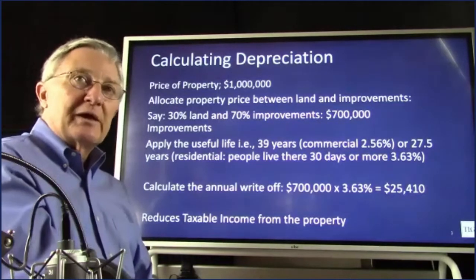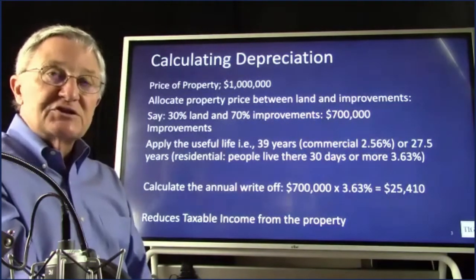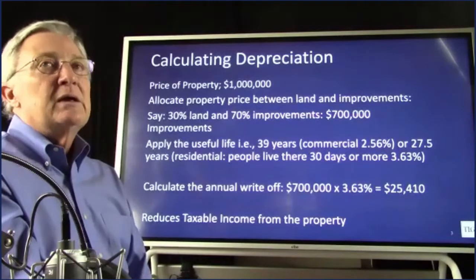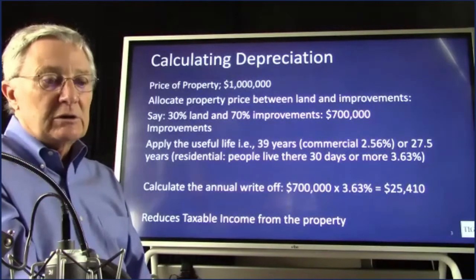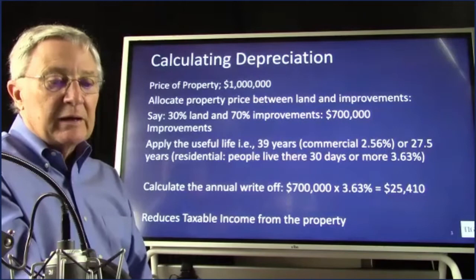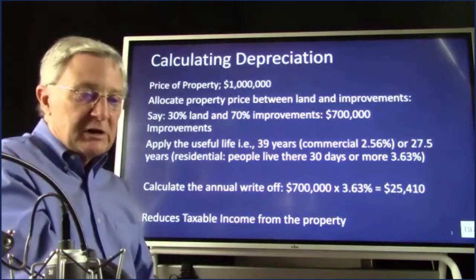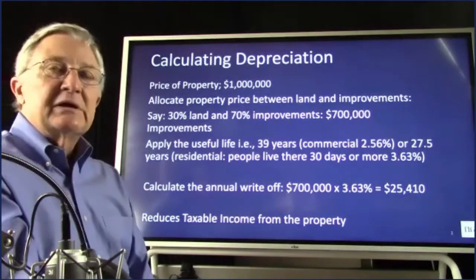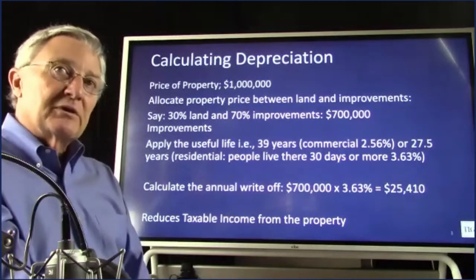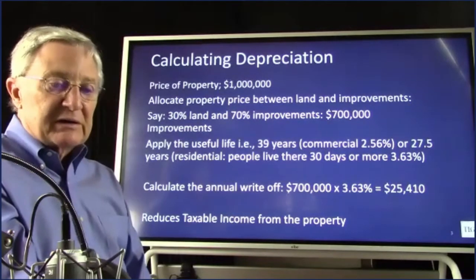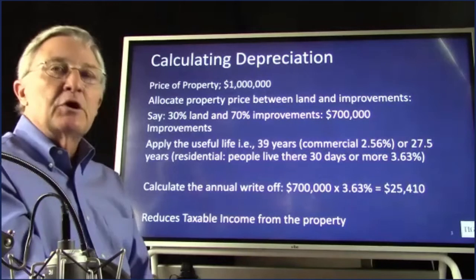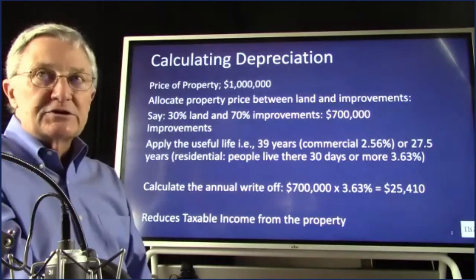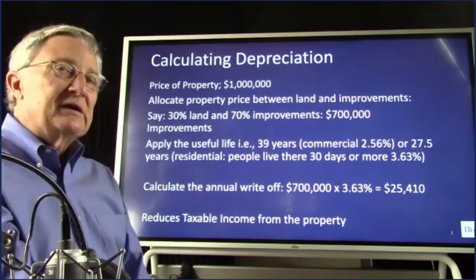So if I know that my apartment building has a $700,000 improvement allocation, I'll multiply that by the percentage. In the example I'm using, it's an office building. 3.63% gives us $25,410 of cost recovery each year.